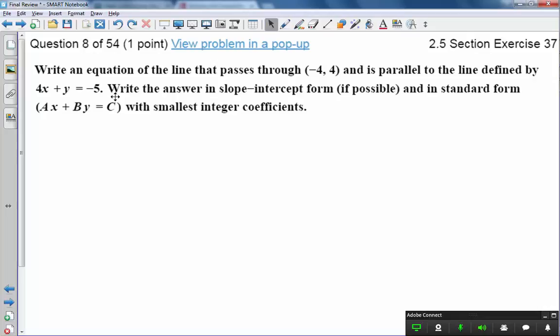The key word here is being parallel. Being parallel means the line you're looking for and the line given here have something in common. What is it? Slope. Parallel means same slope.